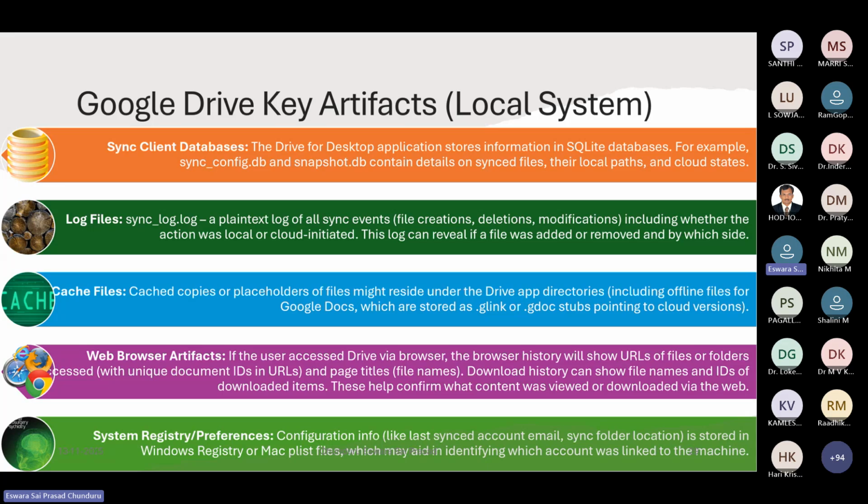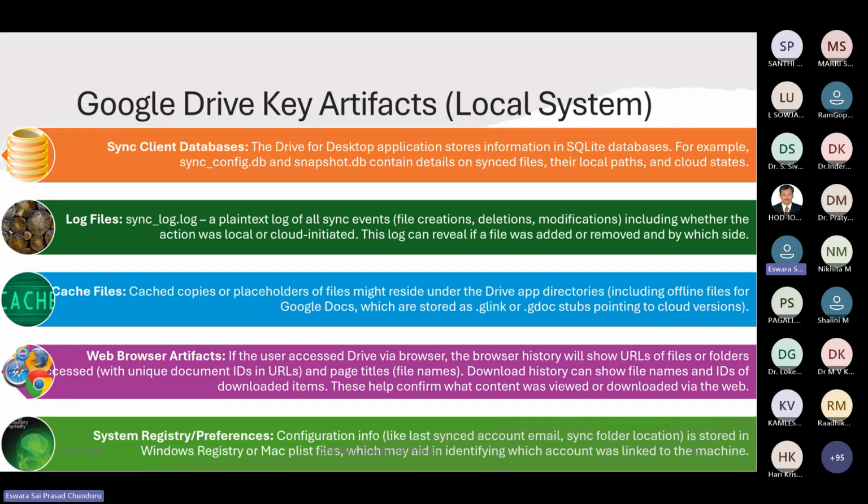And then, similar to the case of OneDrive, the Windows registry also provides some configuration related information, like the email address of the Google Drive that is synchronized to that particular system, and the location of the Google Drive folder.